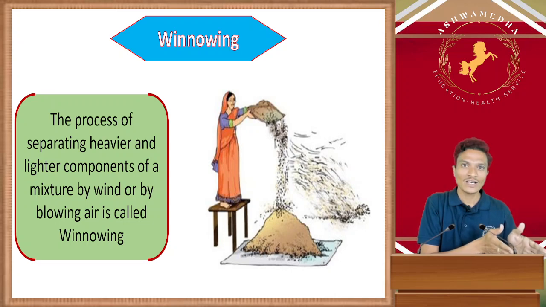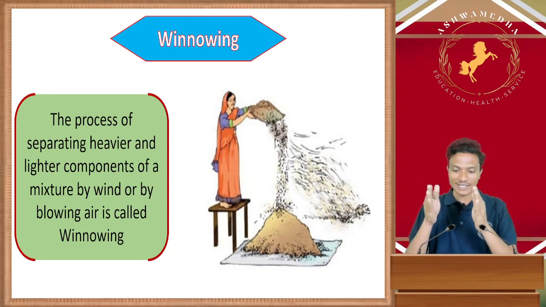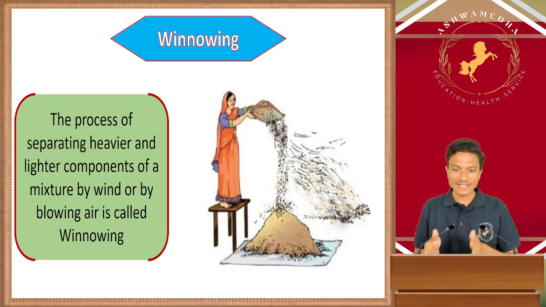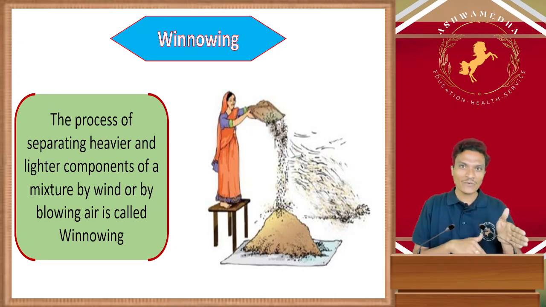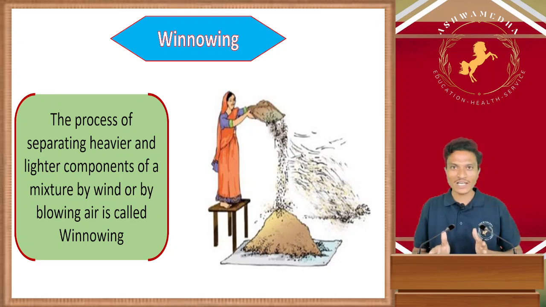Yes or no? See, now if we observe the ground, our grain particles are collected in one place and dust materials are blown away and collected in another place. In this way, we have separated useful grain particles from the unwanted impurities like dust materials.